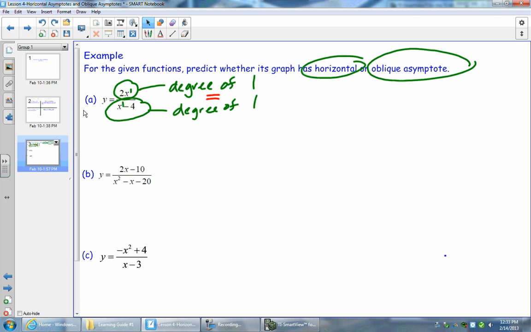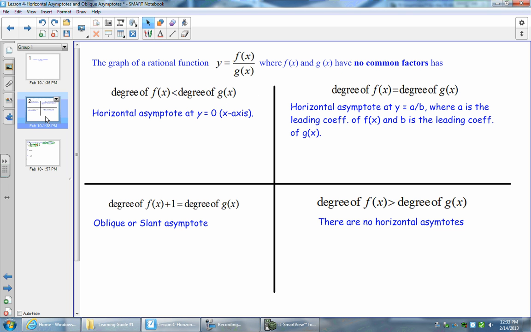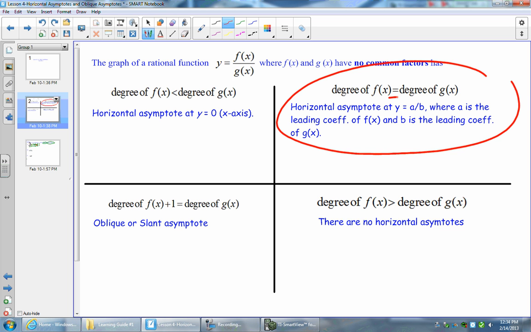Now, go back to the previous slide. When the degree of the numerator and the denominator is equal, which case do we have? We are taking a look at this case right here. It's equal. So when this happens, we have a horizontal asymptote at y is equal to a over b, where a is the leading coefficient of f of x, which is the numerator, and b is the leading coefficient of g of x, where g of x is the denominator.